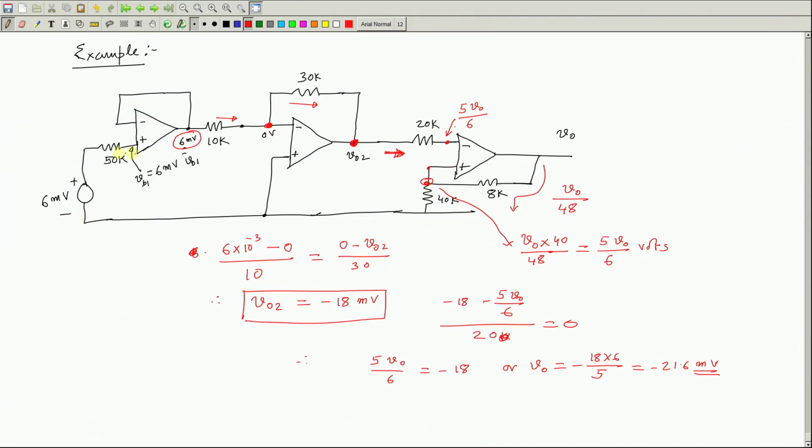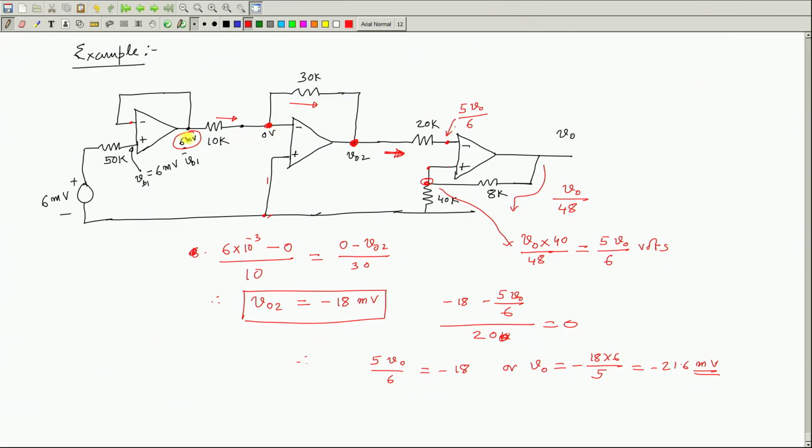So, we started with this and applied the same rule for all the op amps. Here there is no feedback. So, 6 millivolt, it should not draw any current. Therefore, there will be no drop in this 50 k. So, same voltage appears here, if this is 6 millivolt, this point potential is also 6 millivolt, it comes here, and look at this op amp, this is at ground potential, and so it has to be at 0 potential.